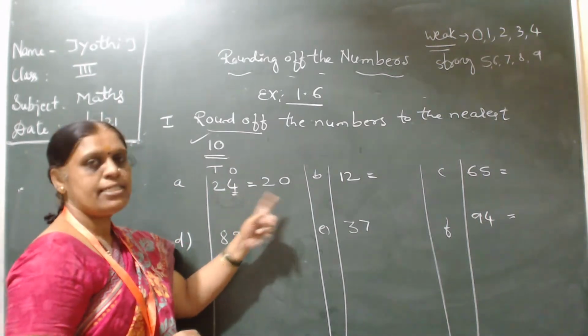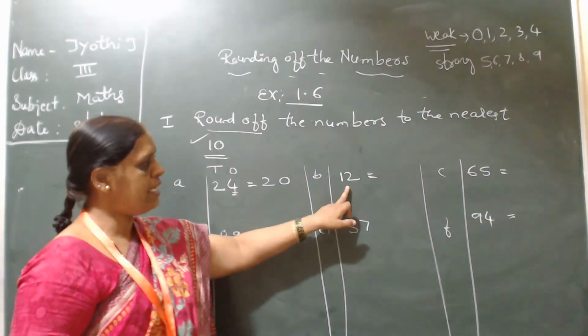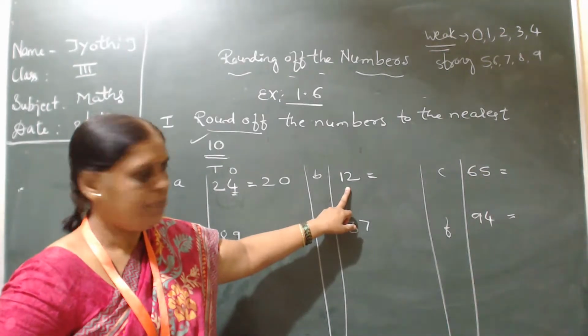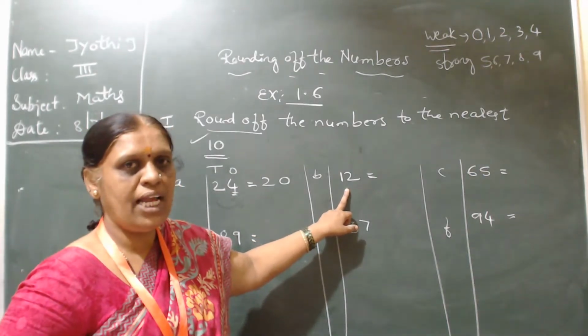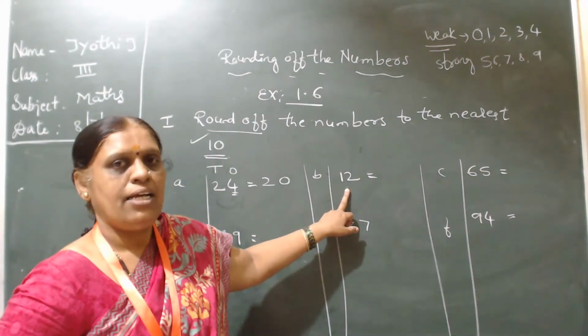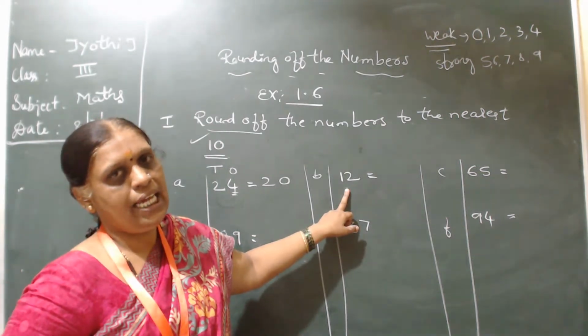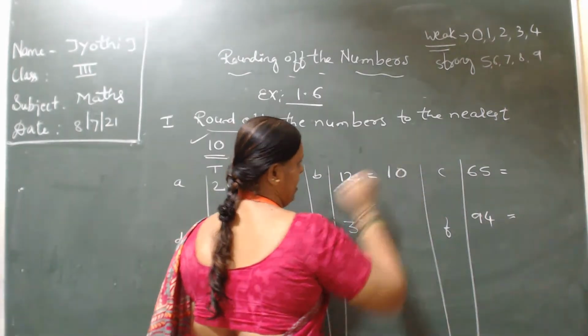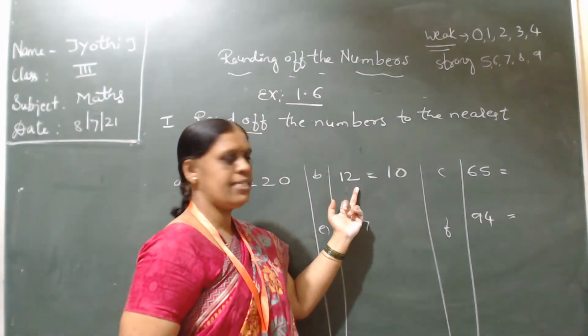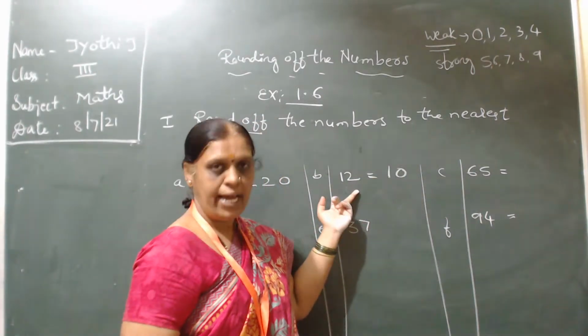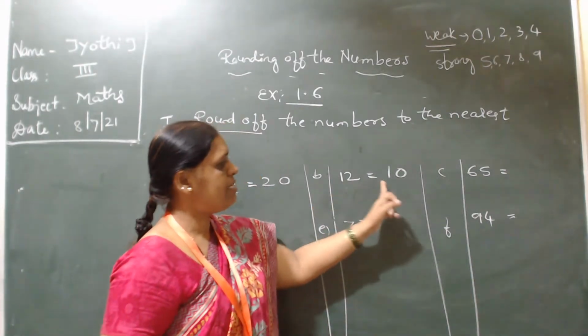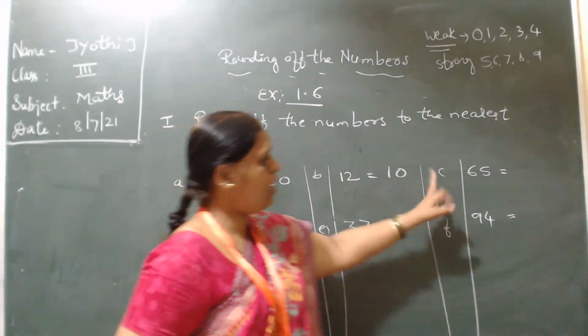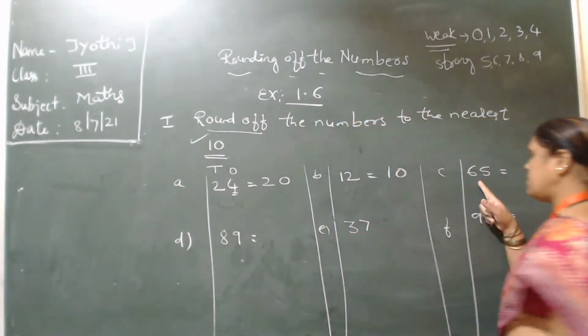It will not change the digit. Now see next one is 12. What is the answer for 12? Is it 20? 30? No. The value is 10 because 2 is less than 5. So it remains the same digit. Now see, this is 65.